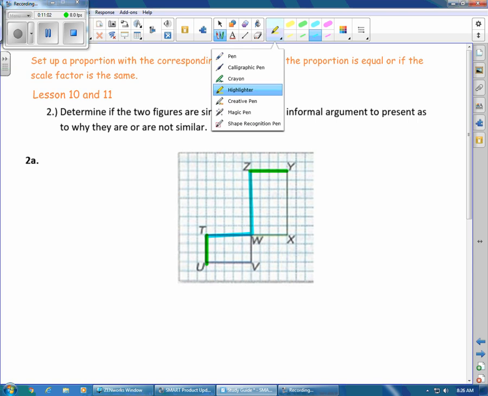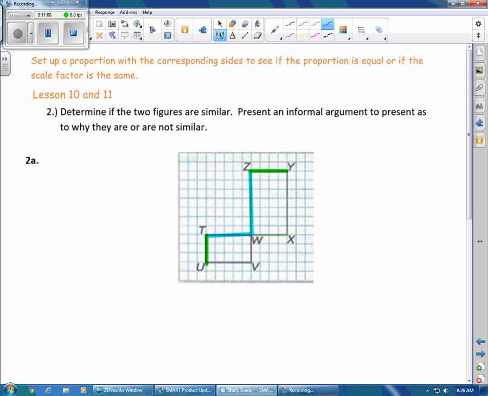So I'm going to get a pen and figure out the unit length. From Y to Z, I've got 1, 2, 3, 4. 4 units. From T to U, I've got 1, 2, 3 units. Now, I could set up the proportion of those sides as either 4 over 3 or 3 over 4. What I have to make sure of is that I'm consistent.